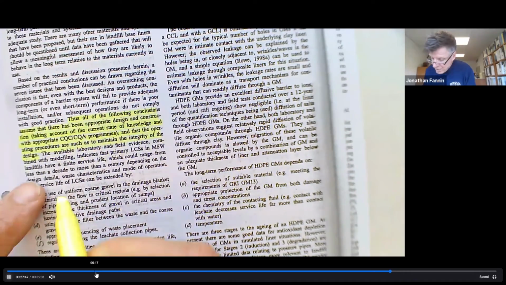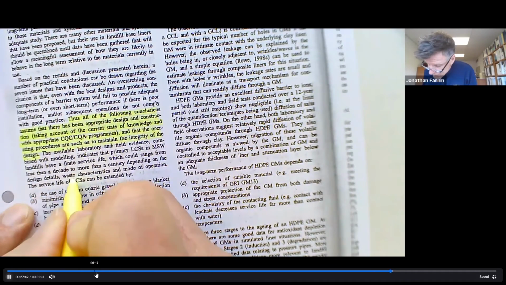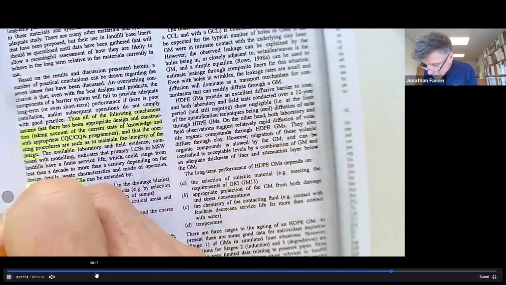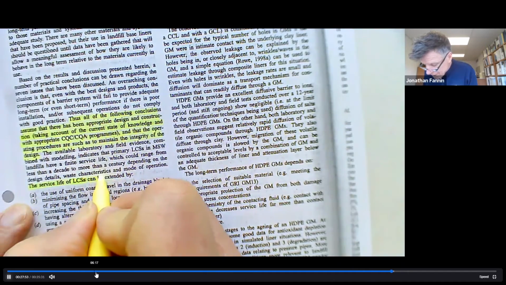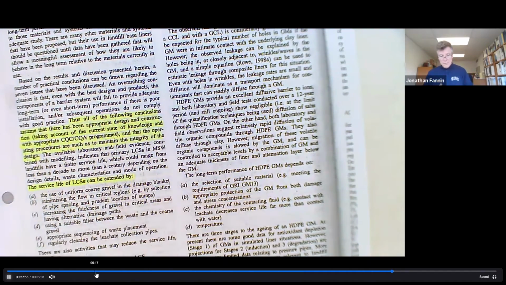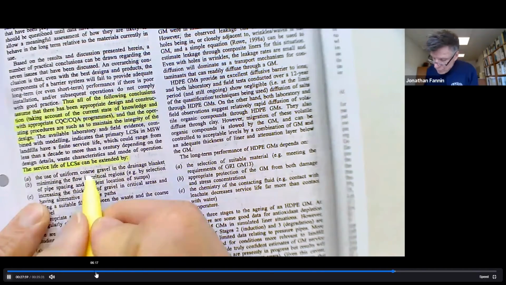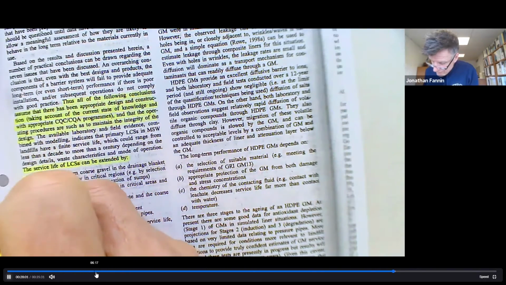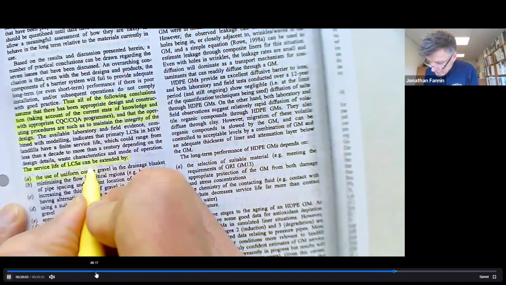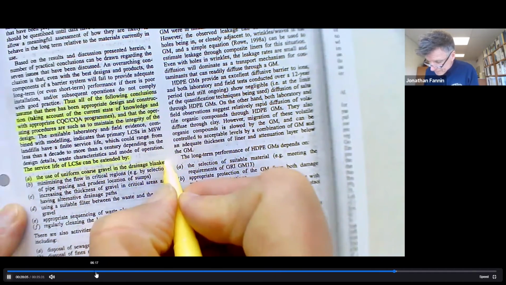So what about the leachate collection system? The service life of the leachate collection system, okay? Use uniform coarse gravel and use it in a drainage blanket.